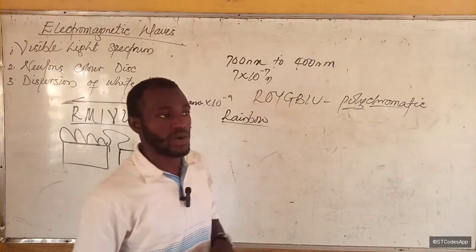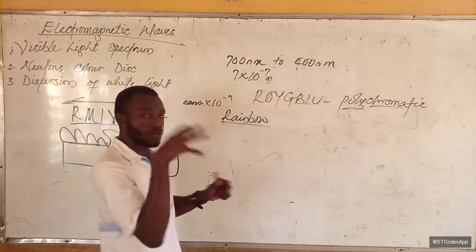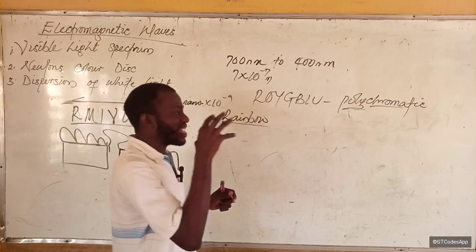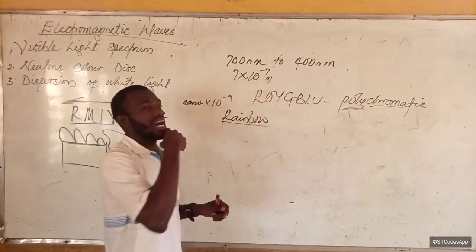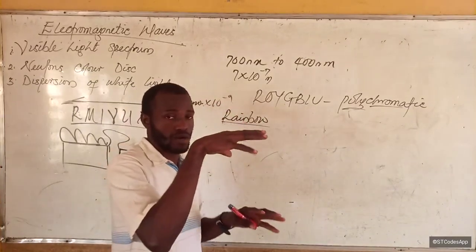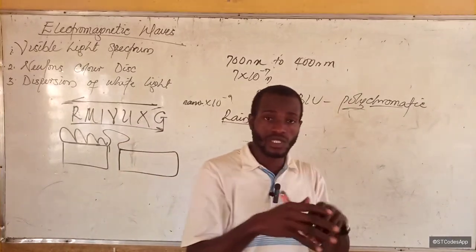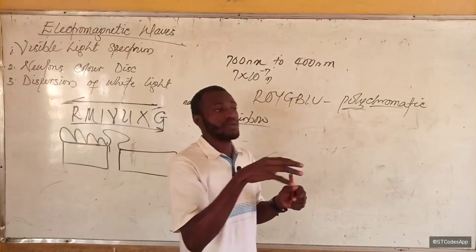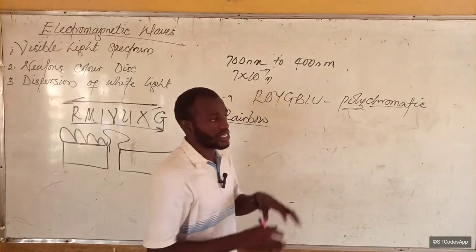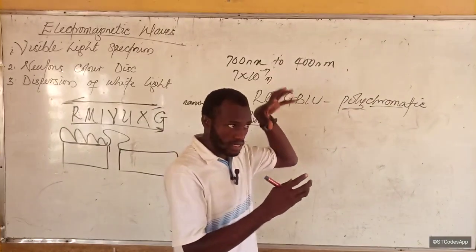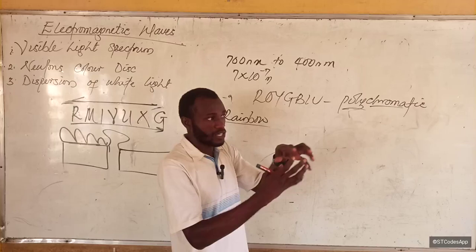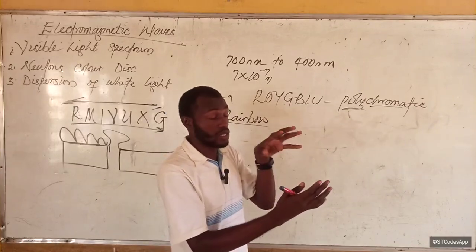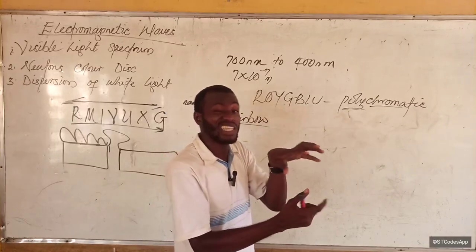So what happens is that when white light is shone on it, the light enters into that cloud that still contains water droplets, and the light becomes dispersed because of refraction. As it enters into that cloud of droplets of water, it becomes refracted, or deviated.